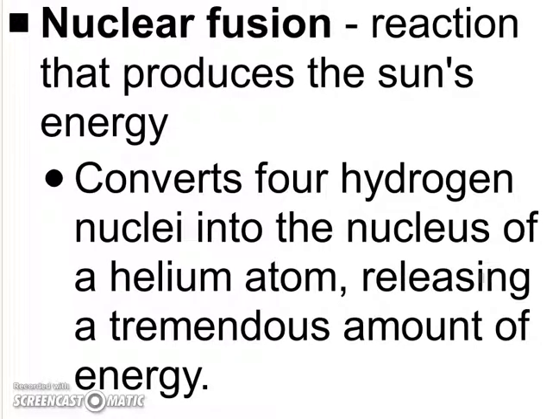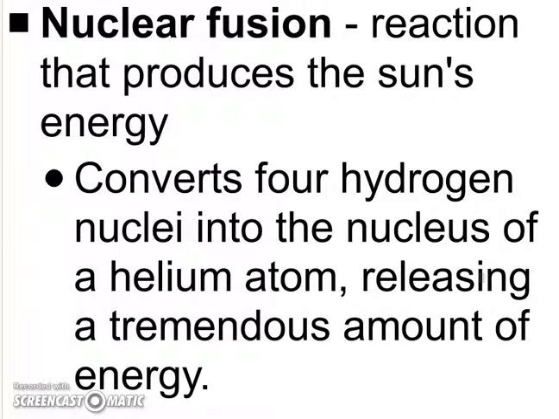Nuclear fusion is important. It's a reaction that gives the sun its energy. So it takes 4 hydrogen and it transforms them into a helium atom. And it releases a tremendous amount of energy when it does this. So if you look at a periodic table, for example, the one I have on my wall, you can see that hydrogen is on one side, helium is on the other.